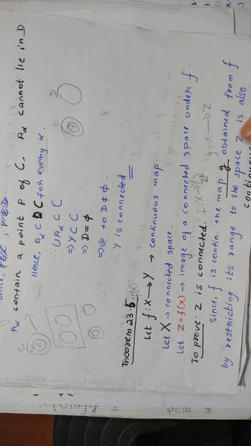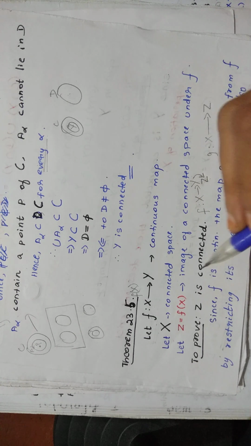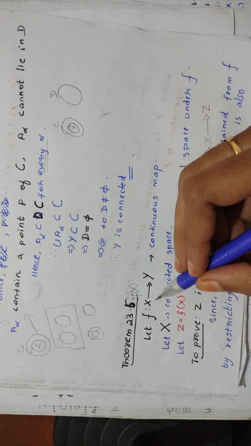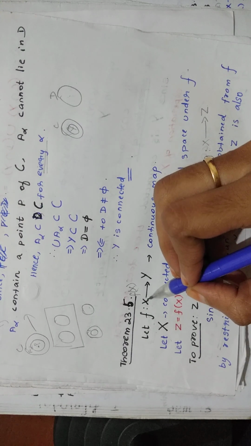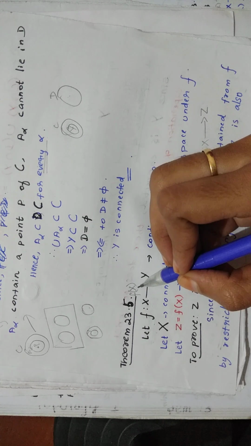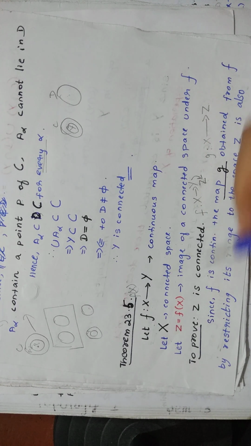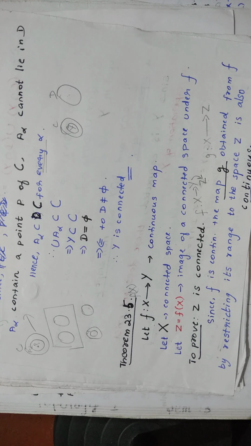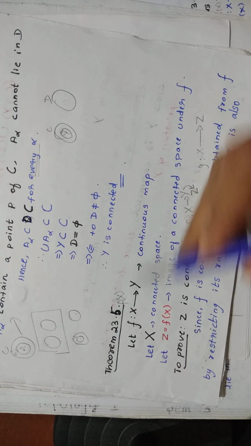In the statement, they are asking us to prove image of a connected space under a continuous map is connected. That is our statement, right? So here, image of this connected space is what? f of x. So we have to prove this f of x is connected, okay?